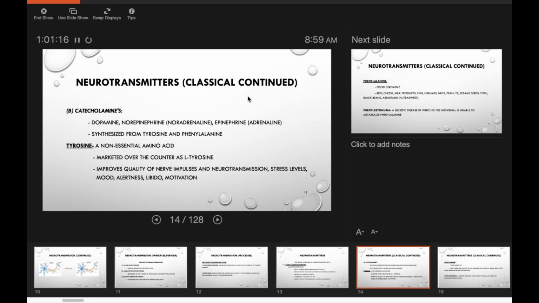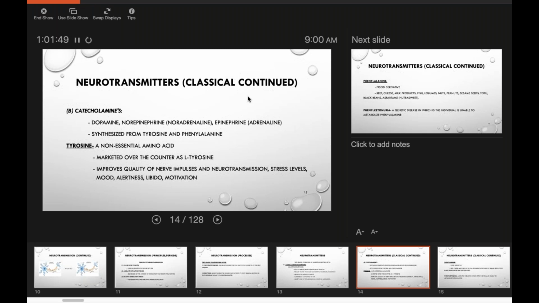Well, it does improve quality of nerve impulses and neurotransmitters, so it keeps that myelin sheath really, really nicely coated. Helps with stress, mood, alertness, libido, motivation. However, because tyrosine is related to catecholamine, specifically dopamine, this is where we have our first problem that can happen.